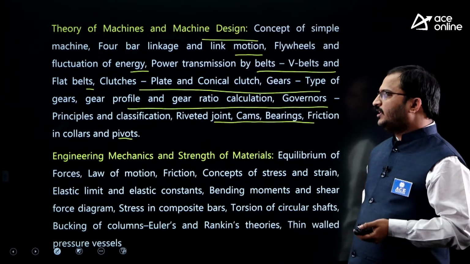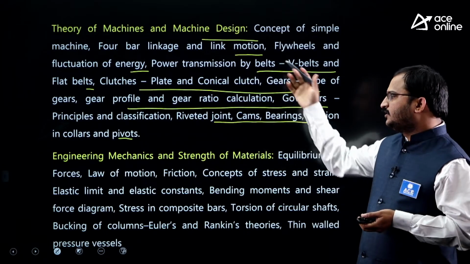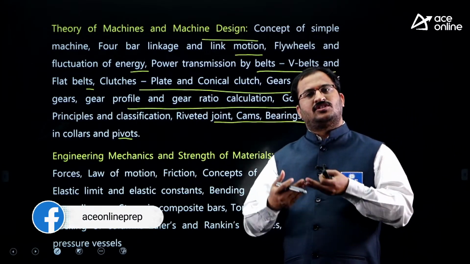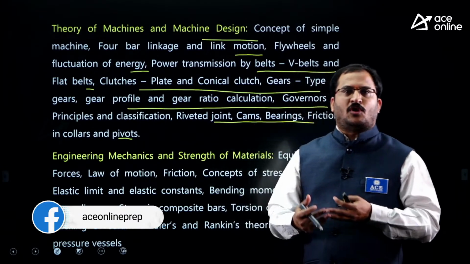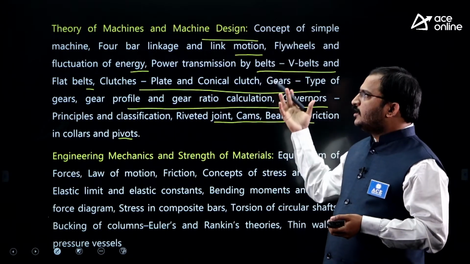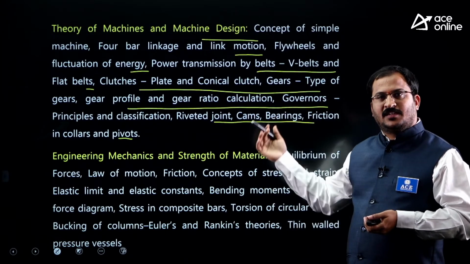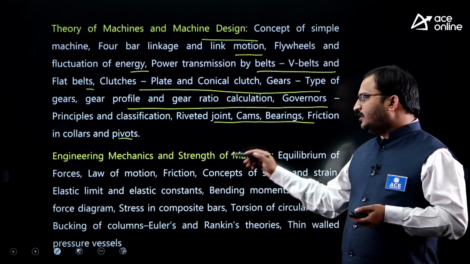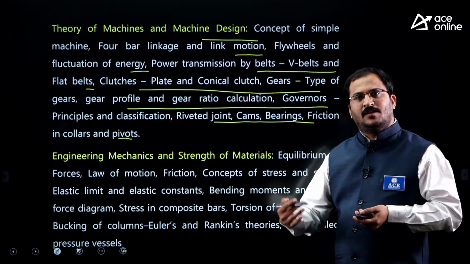So this is about theory of machines and machine design syllabus that was there. So you need to learn the derivations, and at the same time you need to solve the problems, and sometimes theoretical questions may also be asked in these subjects in the descriptive examination. So try to learn all those things once you qualify in paper 1.